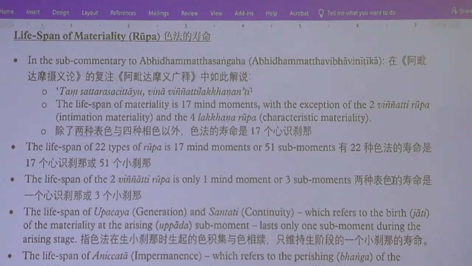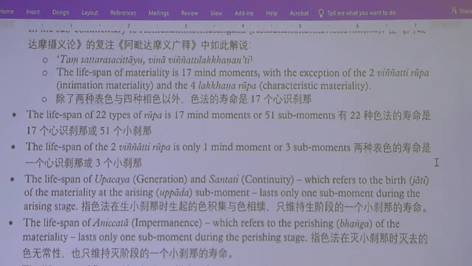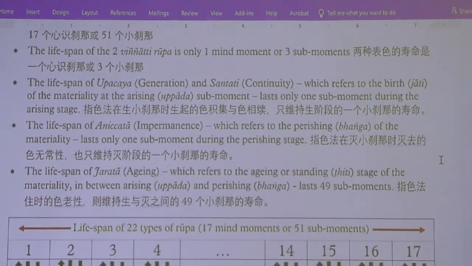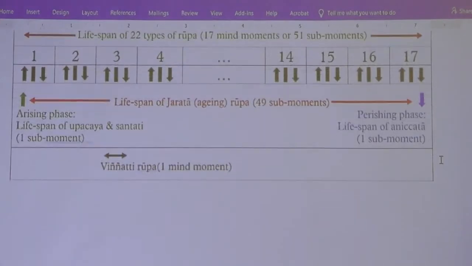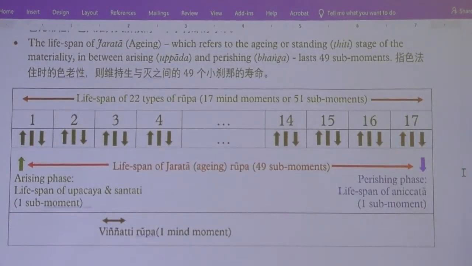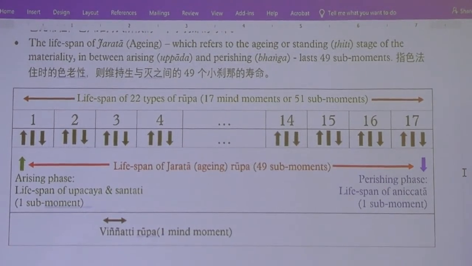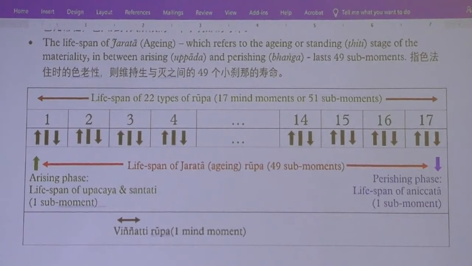I collected this explanation from the Moolan commentary, but you can read it by yourself. Especially I want to explain the one citta process. This is the lifespan of the 22 types of rupa: 17 mind moments or 51 sub-mind moments.